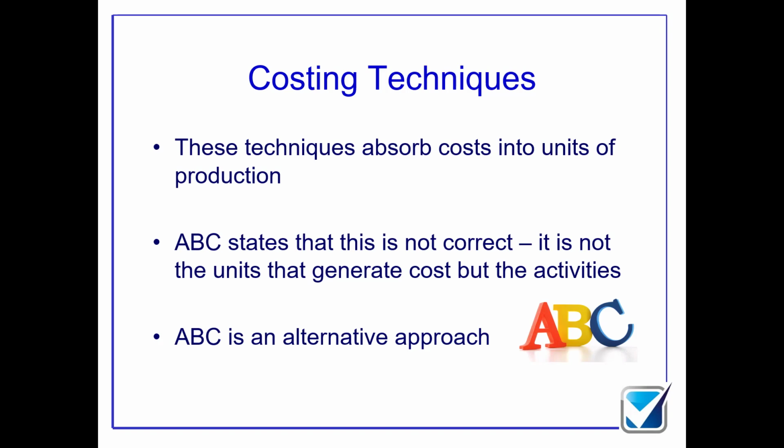So it's not the production units which actually incurs these costs, it's the activities which will incur these costs. And that is a very specific, very pedantic, a very important difference.